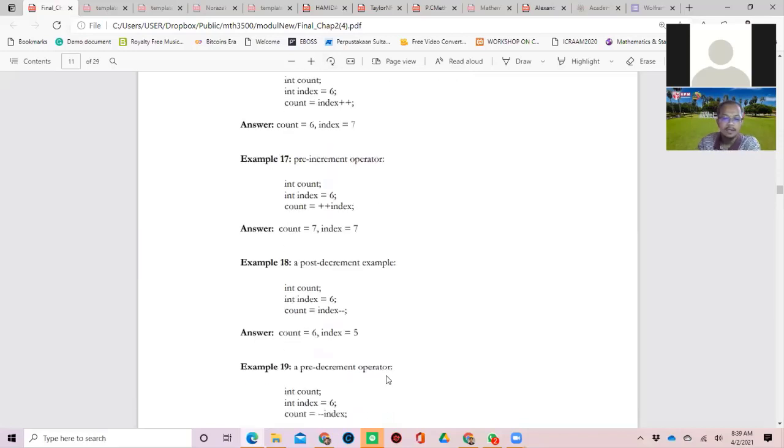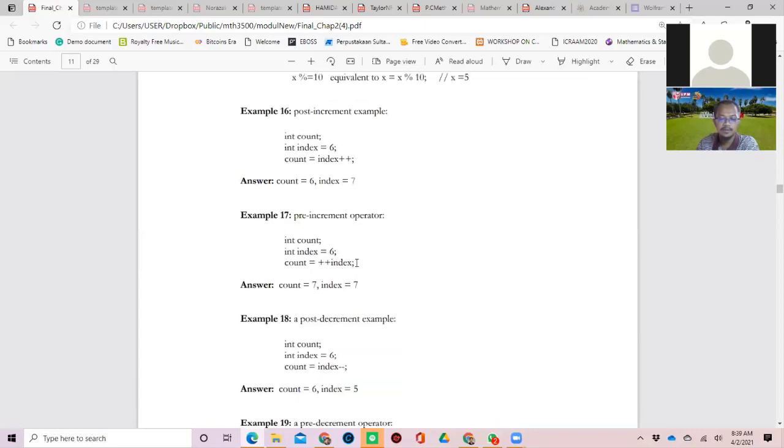Okay, repeat again. Now, the count value for the prefix is increased by 1, so we consider the whole value. And for postfix, the count will still be the value of index, no increment, so still 6. If it is pre, count will be 7, index 7.